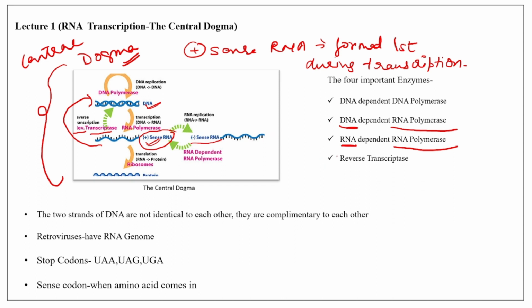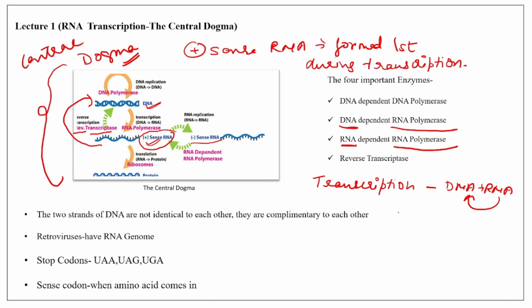Then the fourth enzyme is reverse transcriptase. Transcription is the formation of RNA from DNA. DNA is converted into RNA. This is your transcription. If RNA is converted back into DNA, what would it be called?